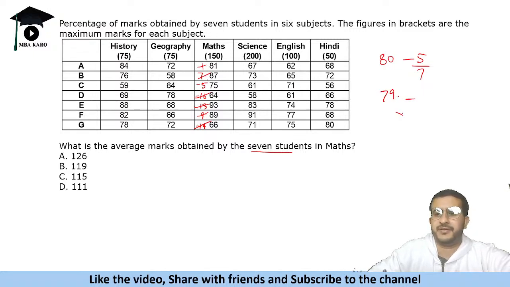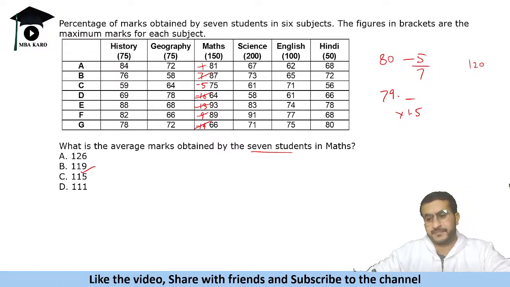We need to multiply by 1.5. 80 into 1.5 is 120. ठीक है, and so close to 119. मुझे 5/7 भी नहीं देखना है, right. As I see, 80 into 1.5 is 120, but it is 79 point something, तो one less हो जाएगा, somewhere one less. Okay, so you can say 119 is the average marks. अब कुछ लोग यहाँ पे भी calculate कर रहे होते हैं. Just see that 1.5 करना है, 80 into 1.5 is easy to do, and just take it 119.